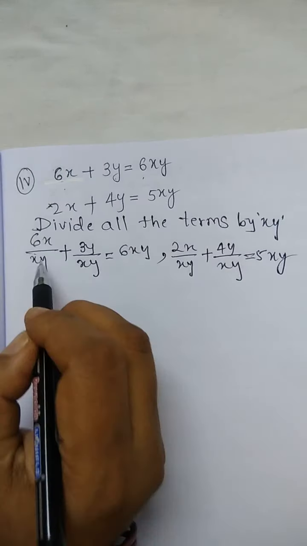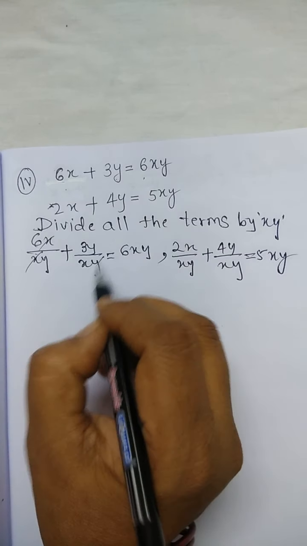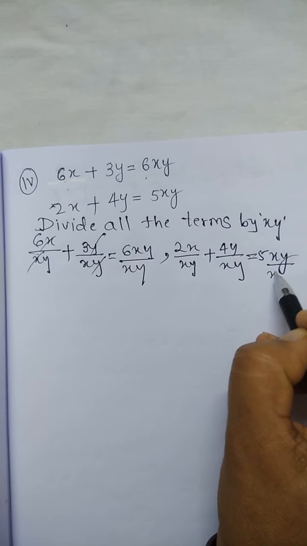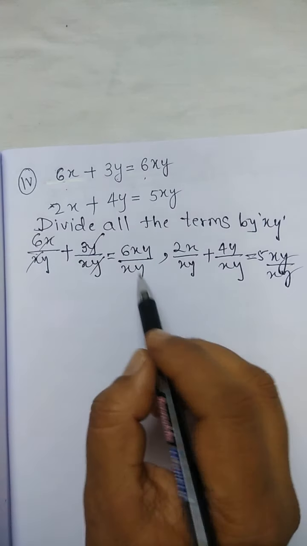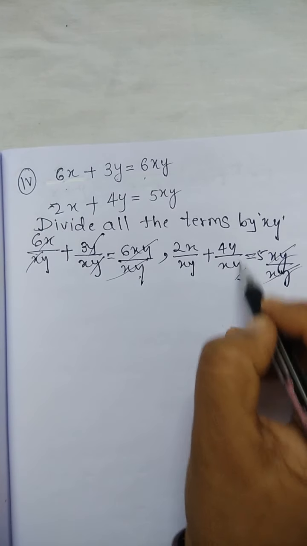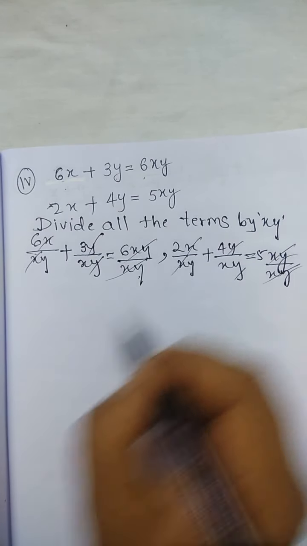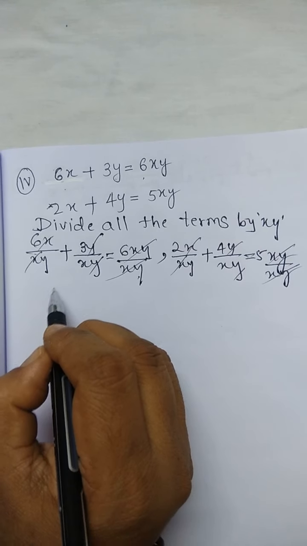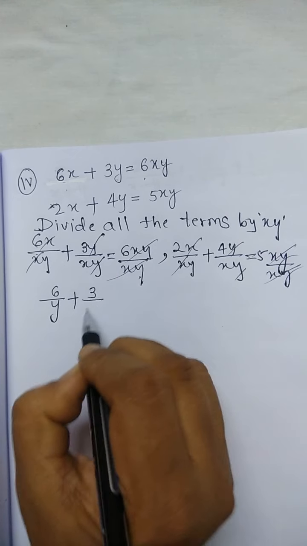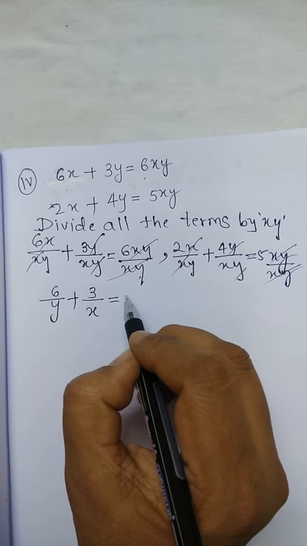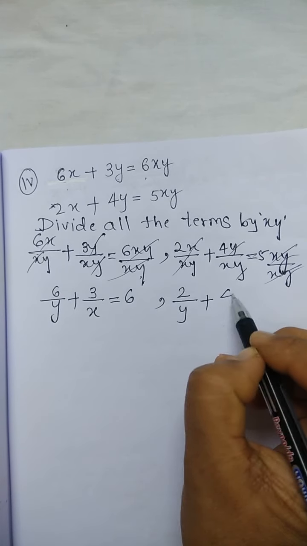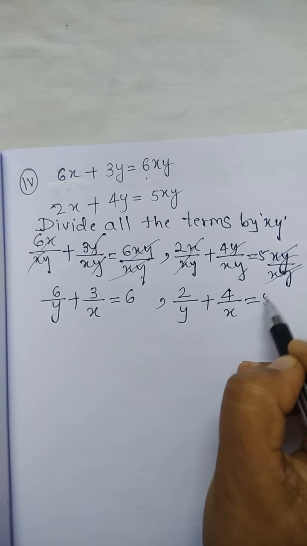Now we can see that here we can cancel x, x and here y, y, and here also divide by xy. All the terms you have to divide by xy. xy cancel. Here y, y cancel. Here x, x cancel. So we got here 6 upon y plus 3 upon x is equal to 6. And here 2 upon y plus 4 upon x equal to 5.